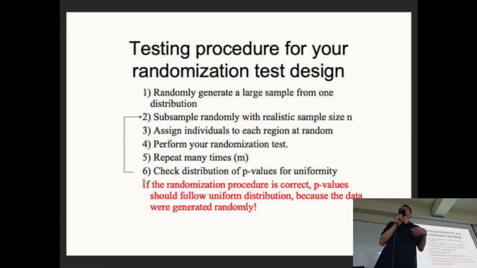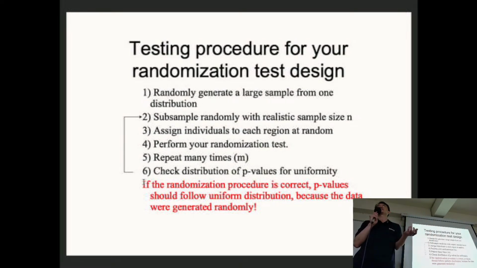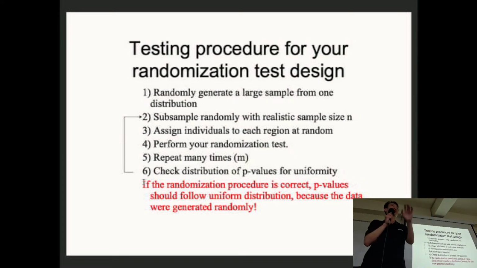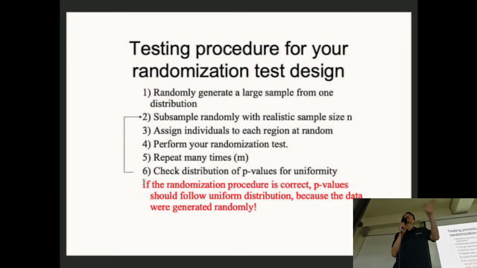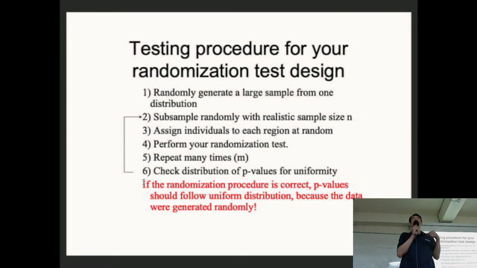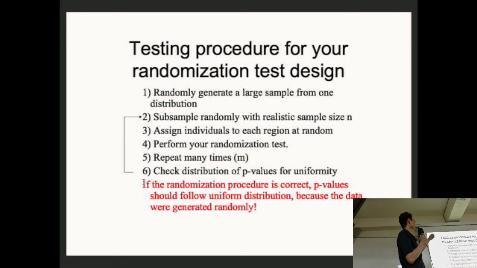Then you can generate some kind of test procedure for your randomization test. If your random shuffle program is very complicated because your data have a very complicated structure, you might want to test whether the randomization procedure is correct before you apply it to your real-world data. So that's called testing procedure for randomization design.